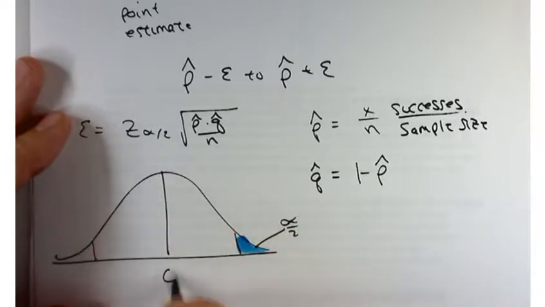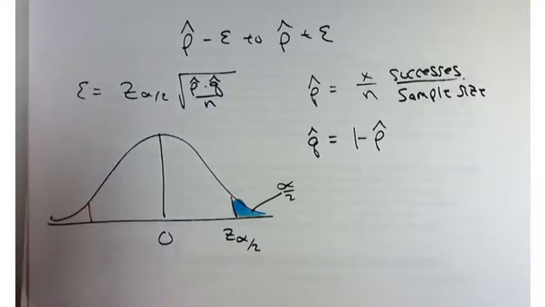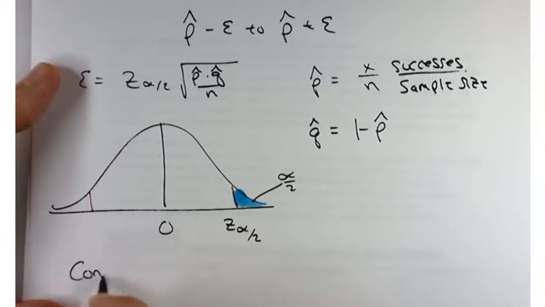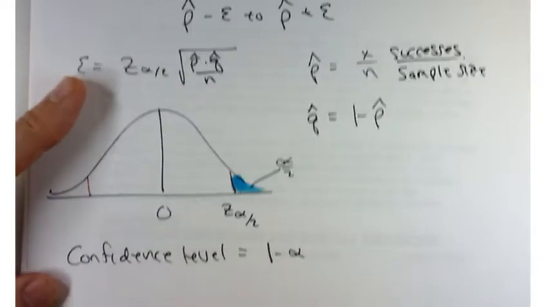So I want to find that point from the z distribution, z sub alpha over 2. Okay, so let's practice that a little bit. By the way, what's alpha in this calculation? Alpha is our level of significance, and it relates to our confidence level. So our confidence level equals 1 minus alpha.